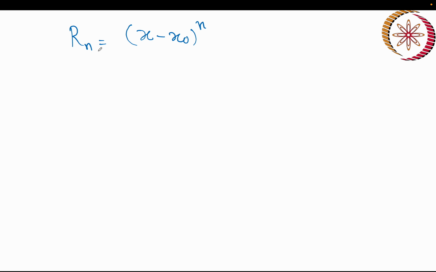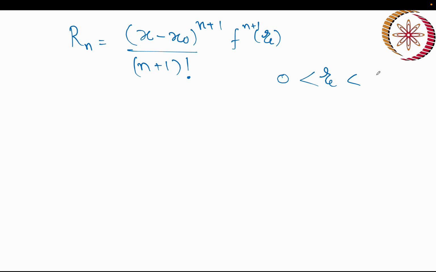If it is an nth order polynomial approximation, the error term associated will be of this form, with n plus 1 and xi. This xi will be in the interval, so let's say we have the interval 0 to c, so xi will be somewhere in this interval.